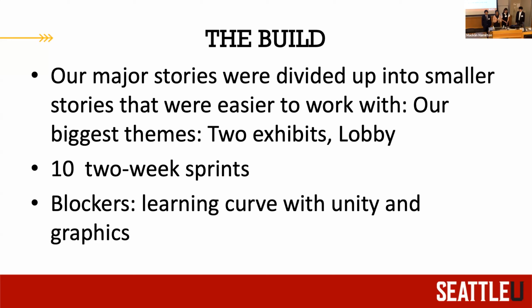So there's a bit of a learning curve getting adjusted to that, as well as graphics. There's a lot of different ways that you can implement graphics. So as I talked about before, you can use features that are already in Unity, or you can use Blender and add that in, or you can use C# code to create other features. So trying to figure out what model was best was also a blocker for us as well.